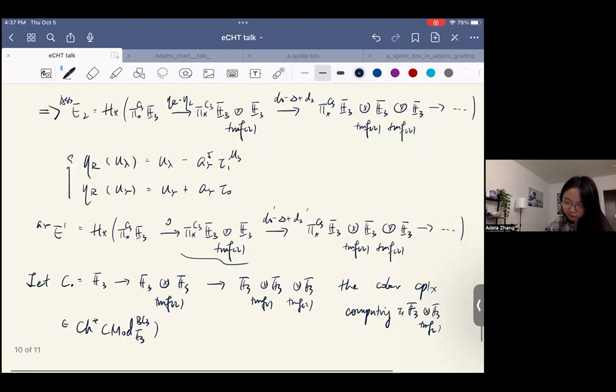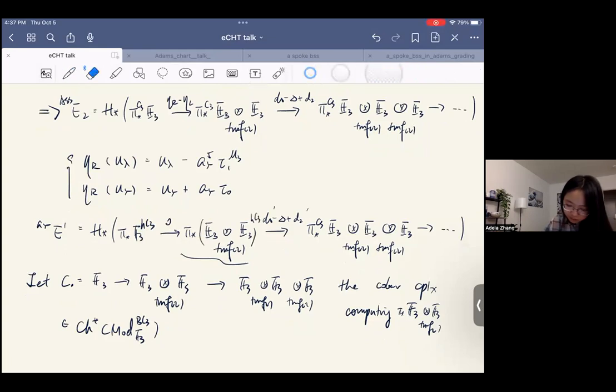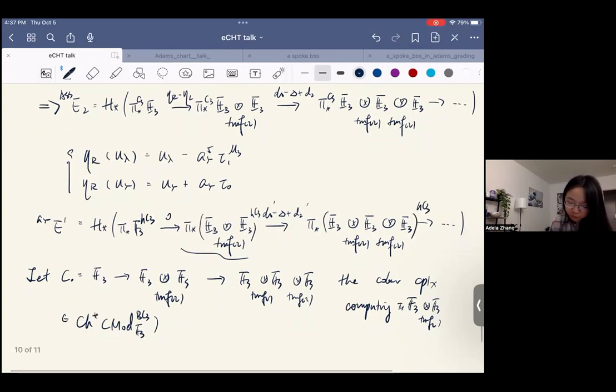And one thing we can do is that, because everything is Borel here, the pi C3 homotopy group of F3 is really the homotopy group of F3, and then I take homotopy fixed points. So similarly, everything here. So I can rewrite the E1 page of the A4 Bockstein spectral sequence as this. And then what we can do to the C bullet thing is that we can take level-wise homotopy fixed points.